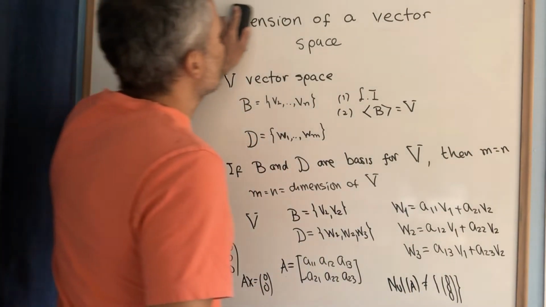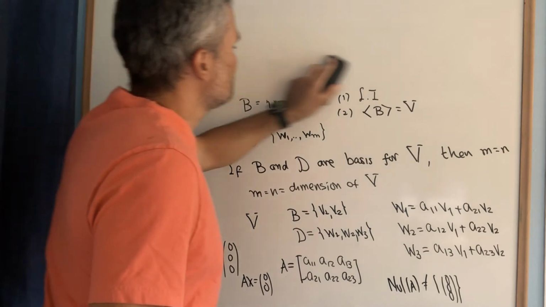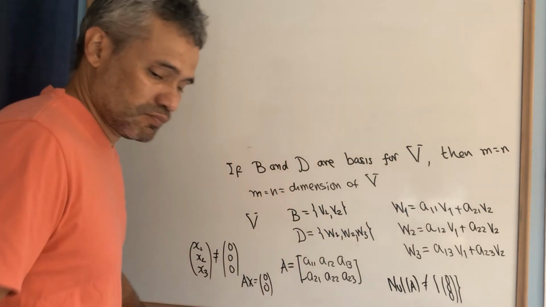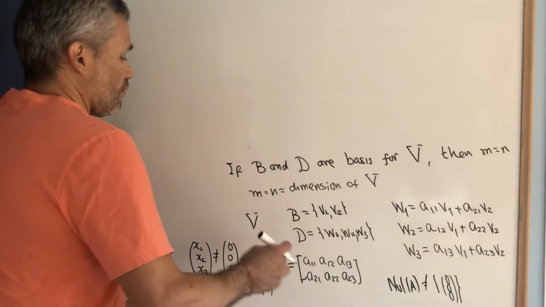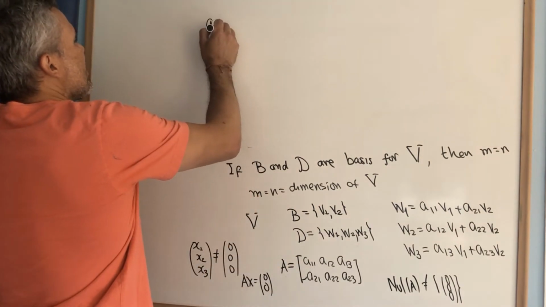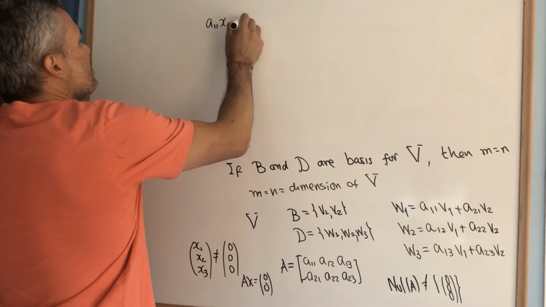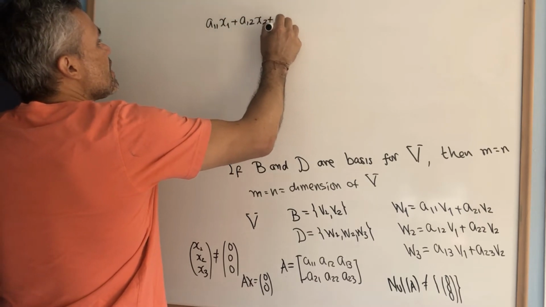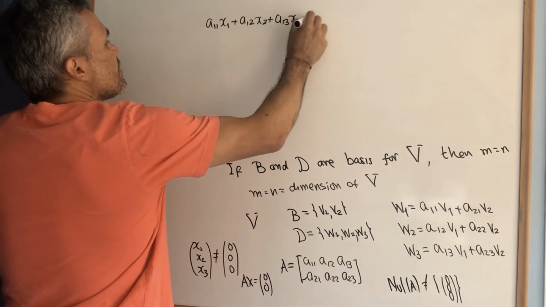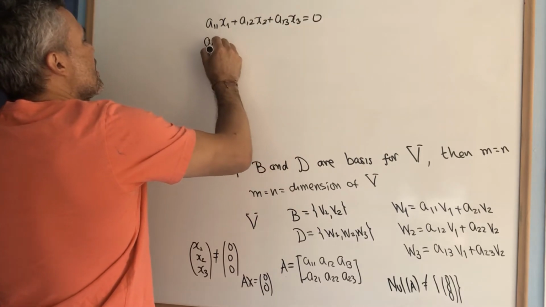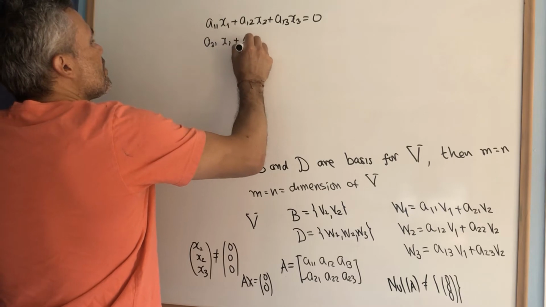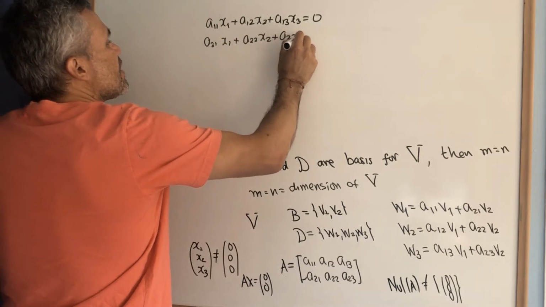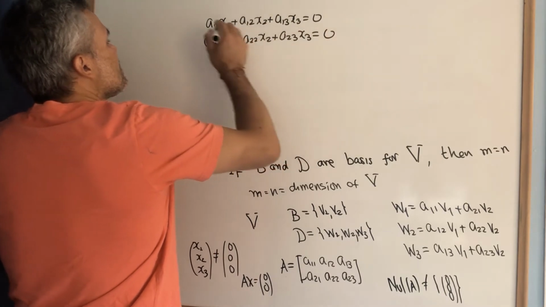Let me continue here. That means that this system a11 x1 plus a12 x2 plus a13 x3 is equal to 0, and a21 x1 plus a22 x2 plus a23 x3 is equal to 0.